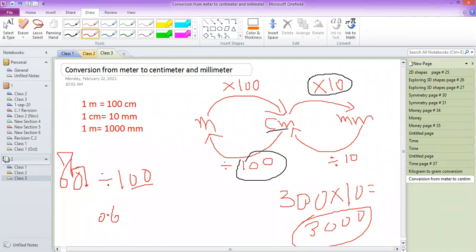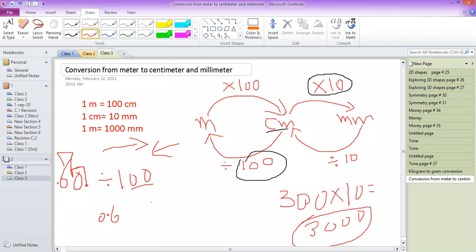Again, I repeat guys, as you know, division is opposite of multiplication. So in multiplication, you move the point from left to right like this. But in division, you move the point from right to left like this. The point is here, 60.0. So you will move it 2 times because there are 2 zeros. One time you will move, it will become 6. 2 times you will move, and you will add 0.